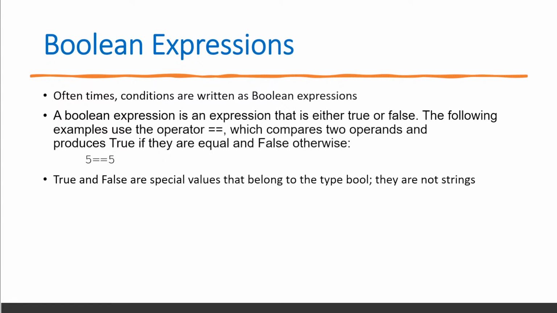When we are checking for equivalency, we use two equal signs. When we use one equal sign, it's like saying this equals this. When we use two equal signs, it's like saying does this equal this? Which is pretty important.